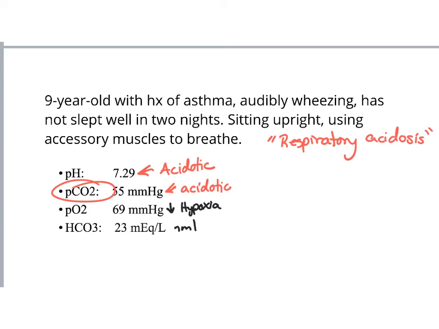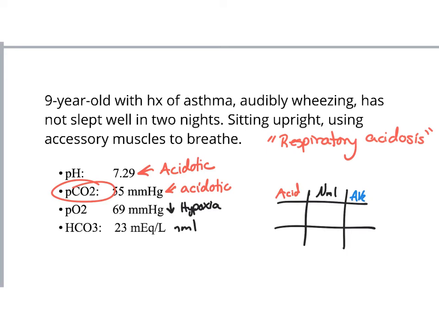If just looking at the values gets you a little mixed up, let me show you an easy way to set yourself up. First, start by drawing your own little version of tic-tac-toe. This middle section here will be normal. This left side will be acidotic, and the right side will be alkalotic.